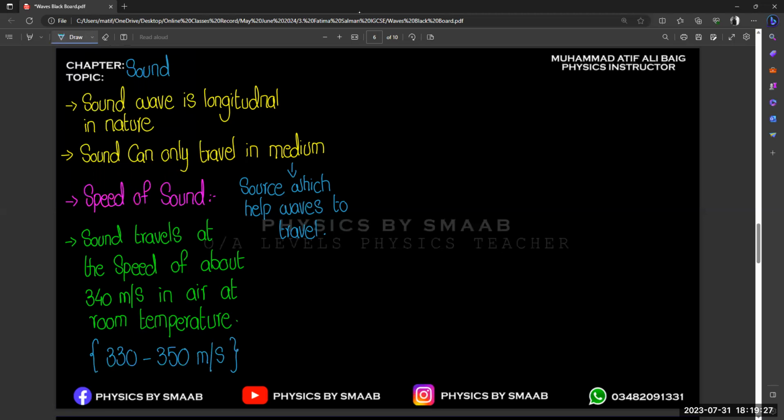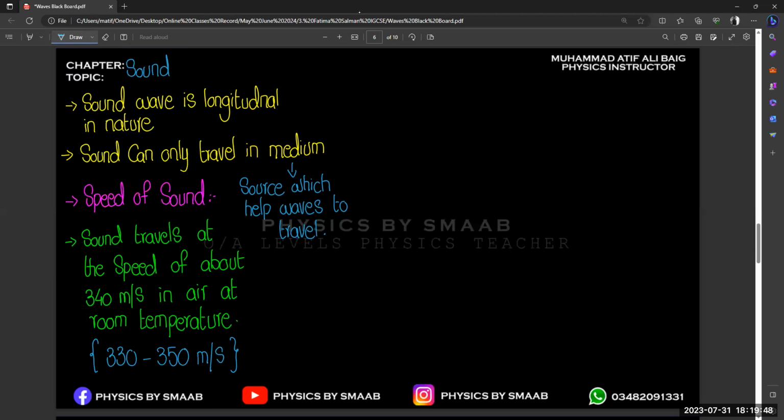We are not going to discuss those effects specifically, because they are not included in our syllabus, right? But we need to know that there is a range of the speed of sound between 330 and 350. So we take the average value, that is 340, right?